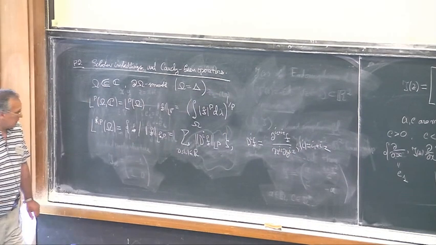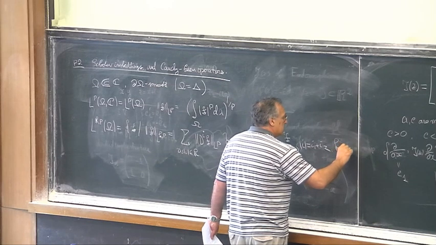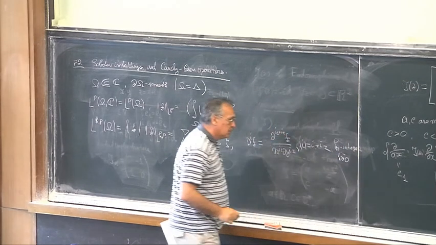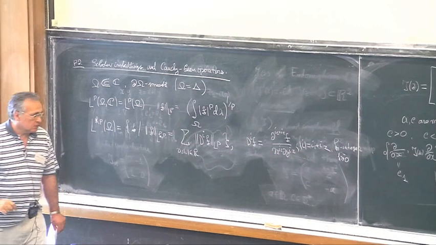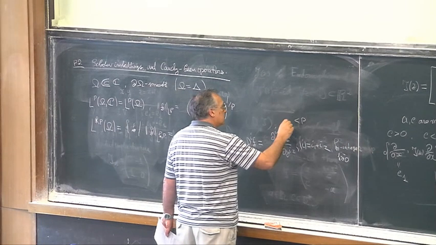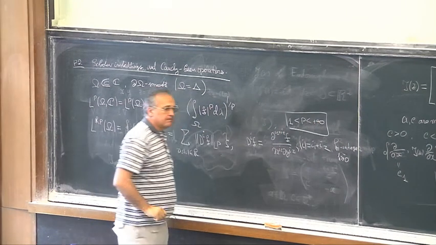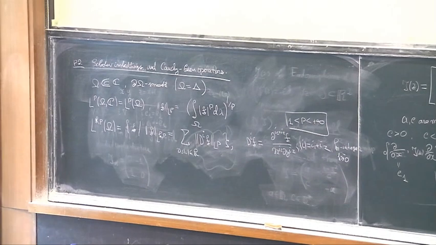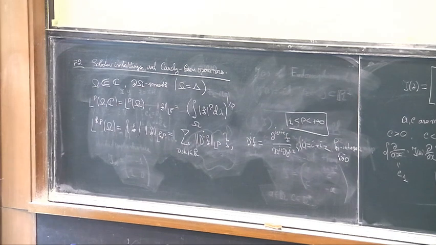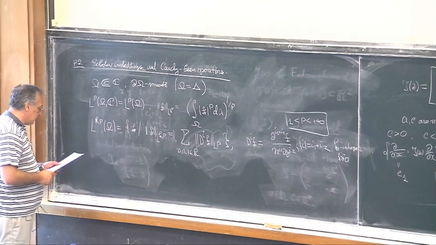K is an integer bigger or equal than 0. P, for us, we shall mostly work in this interval. It can be 1 and infinity, of course, but 1 and infinity are not pleasant cases. So this is a Sobolev space, L^k_p.